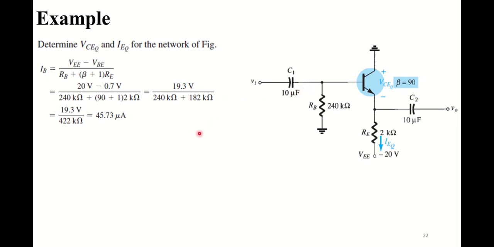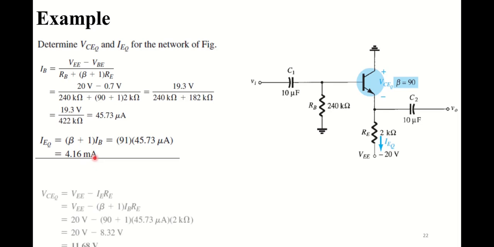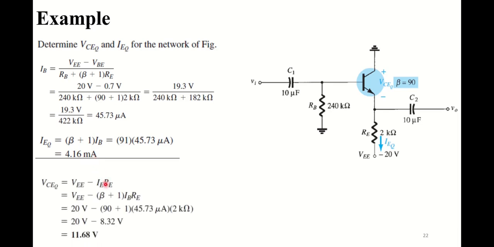Once the value of IB is known to us, the value of IE can be calculated from the formula IE is equal to (beta plus 1) IB. This value comes out to be equal to 4.16 milliamperes. Finally, the value of VCE can be calculated by using the equation for the output loop as shown here. You can review the previous slide for its derivation.